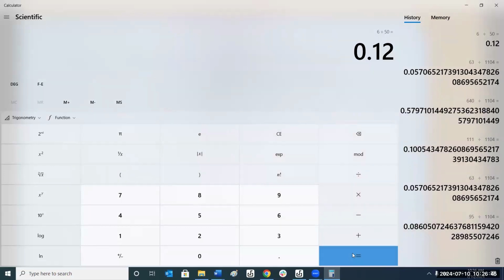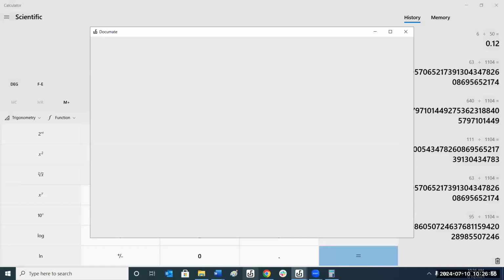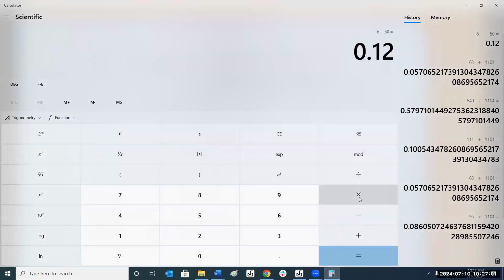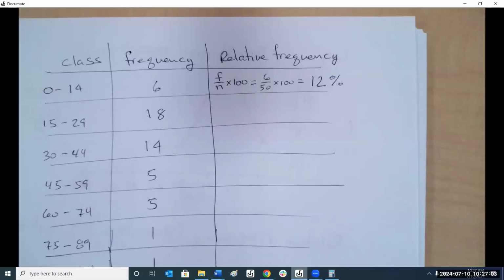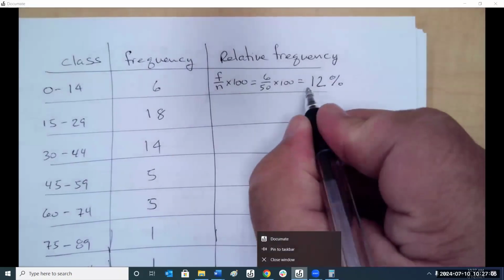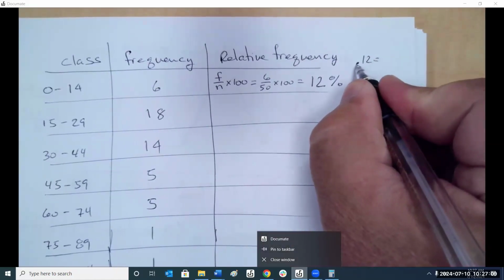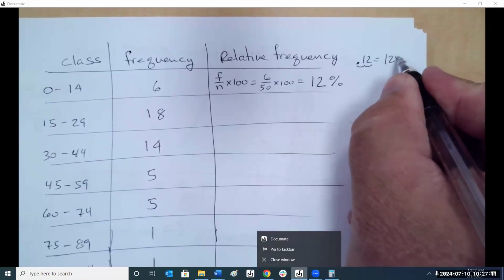So take 0.12 times 100. In other words, all that means is move the decimal 2 to the right. So whenever you do a conversion, 0.12 to percent is move it 2 to the right, and it becomes 12%.